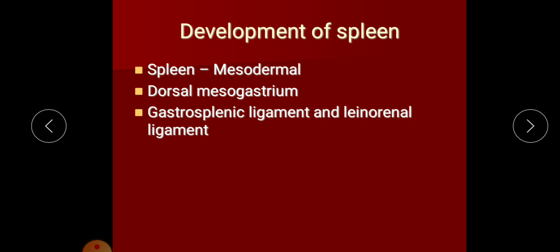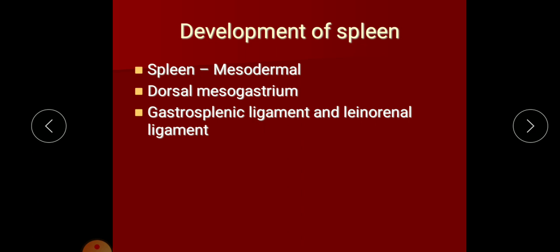So I'm including the spleen also here, not because it is an endodermal derivative. Spleen is mesodermal, but for completion's sake, I'm including the development of the spleen also here. But don't mistake it as endodermal or coming from the foregut. It is not like that. Spleen is actually mesodermal. Fine.